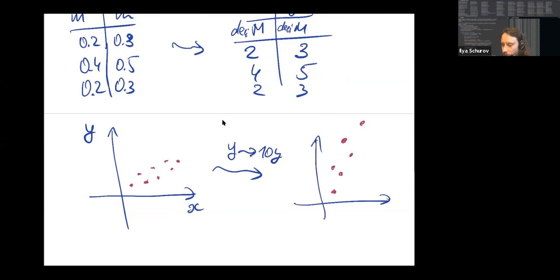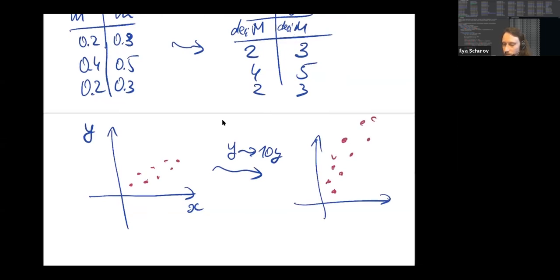It will be something like this. But the correlation coefficient will not change.